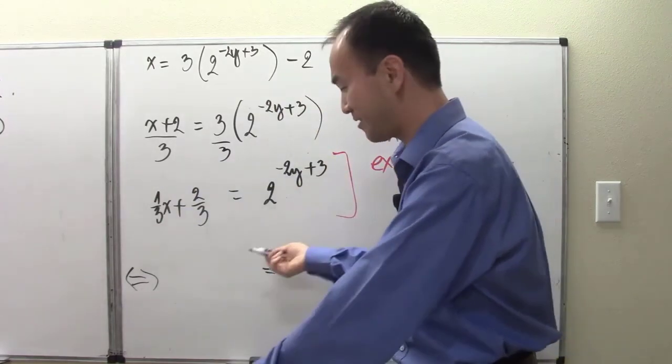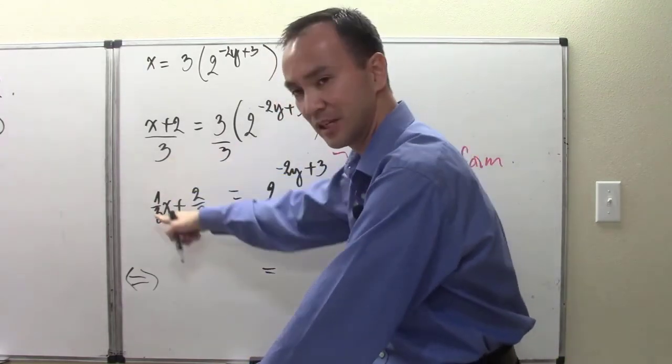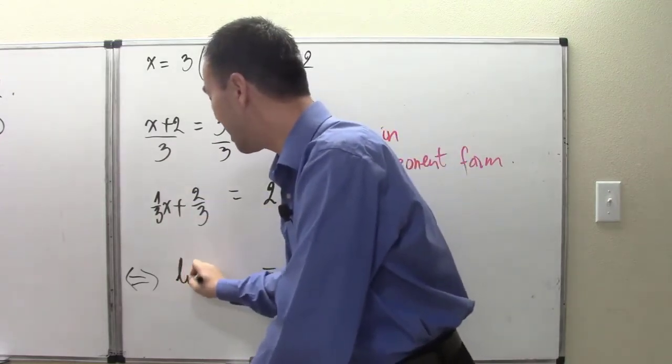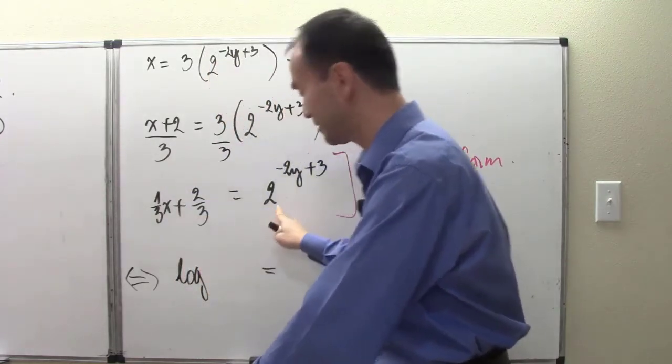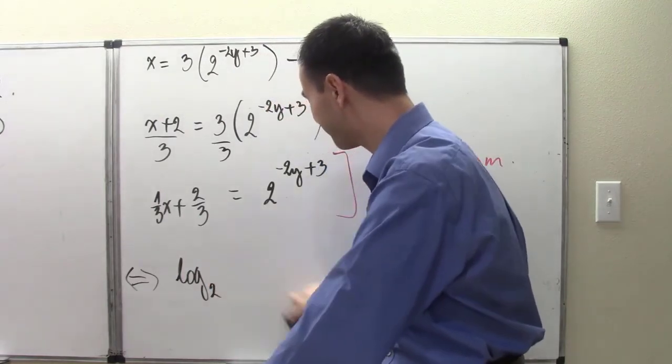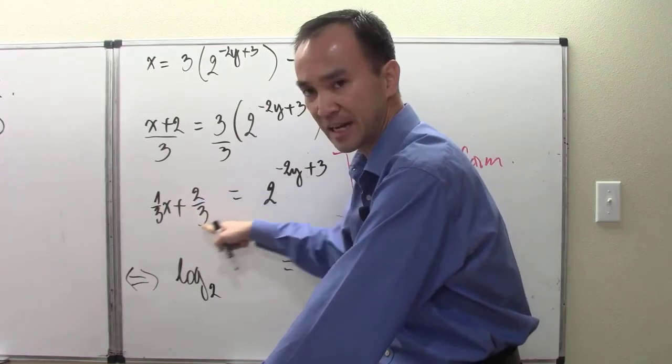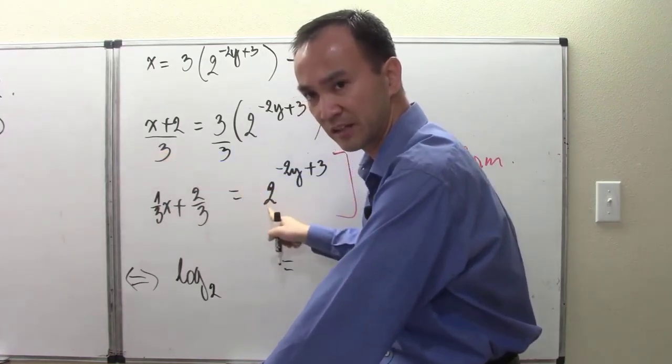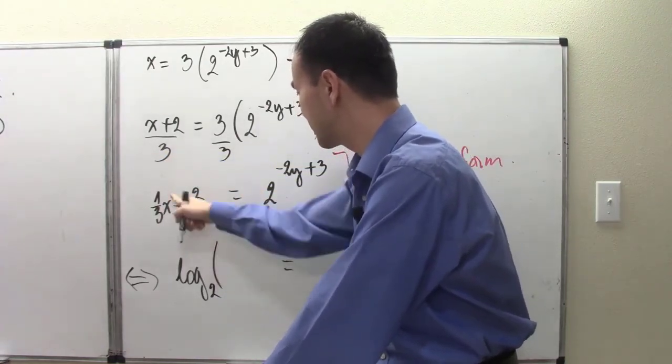Now I'm going to rewrite this equation in logarithmic form. So log base, the base is here, so log base 2 of, you see, I emphasize that part on the left hand side, the opposite side of the equation, because that part goes in here.